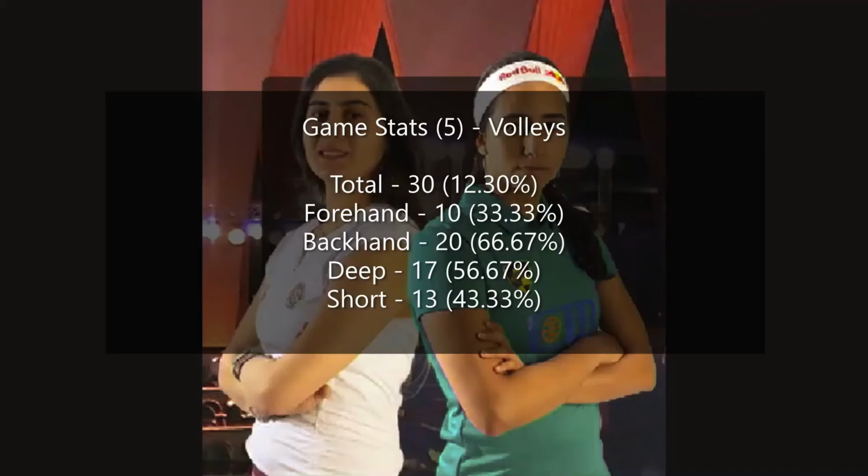You will also notice that the number of deep volleys and short volleys are closer as opposed to when considering drives, because players would be more attacking when volleying than when driving.